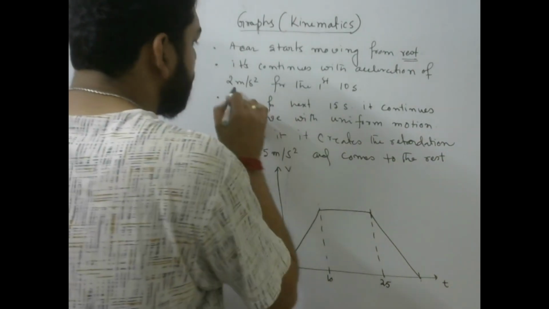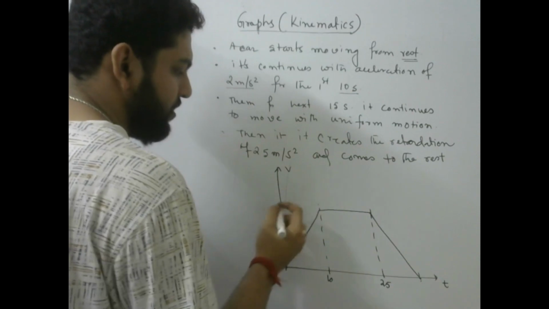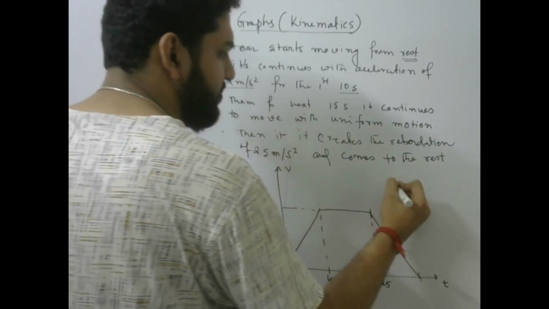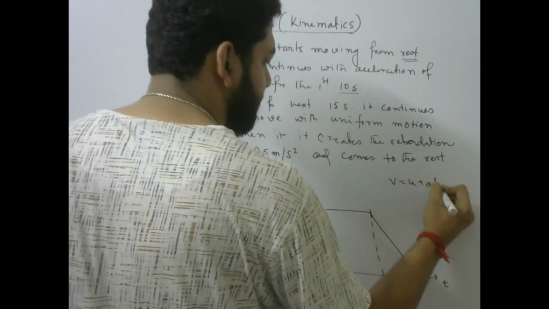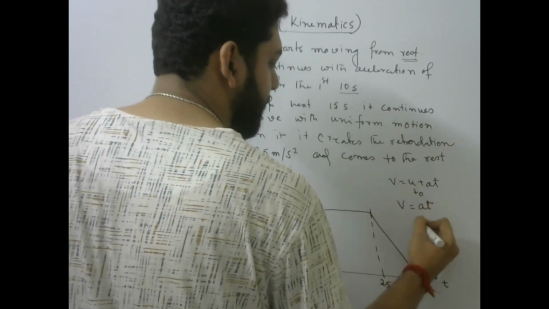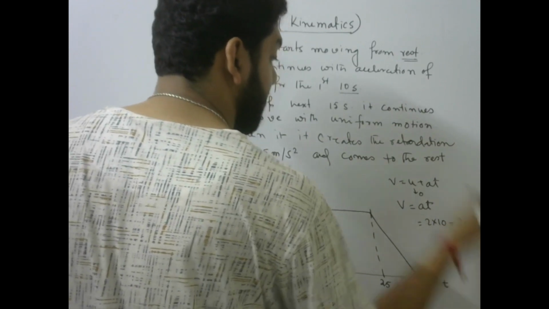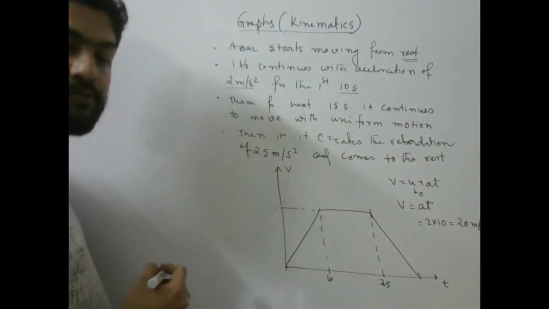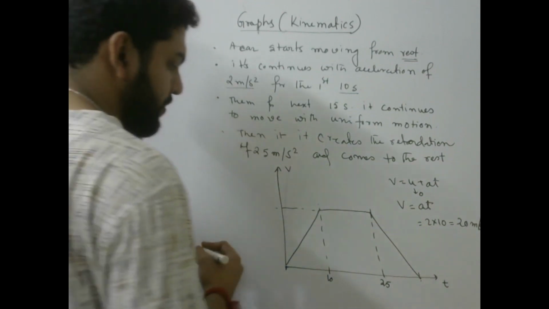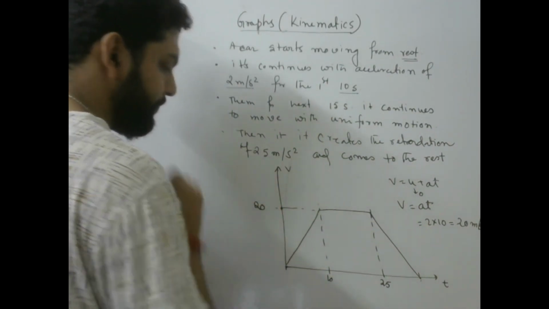As it moves with 2 meter per second square for 10 seconds, the velocity will be v equals u plus at. u is your 0. So v equals at, 2 into 10, that is 20 meter per second. So here we got the velocity as 20.